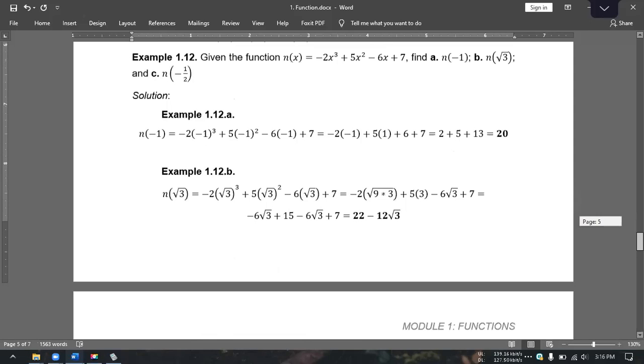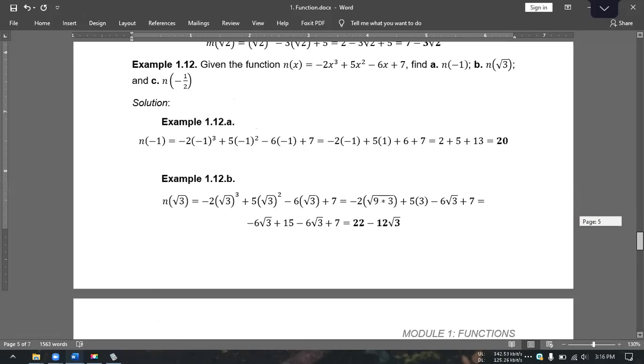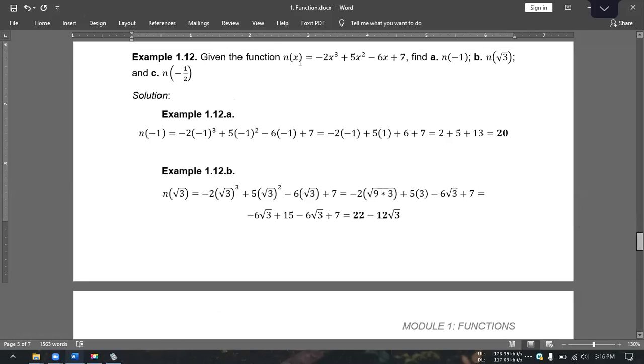Okay, last na to. Last example. The evaluation. So we have now this function. This time cubic tayo. Kanina we have linear, and then we have quadratic, and then we have the cubic. So we have n of x is equivalent to negative 2x cubed plus 5x squared minus 6x plus 7.